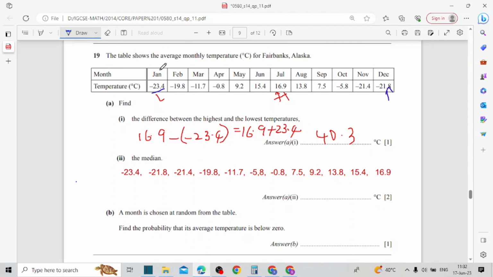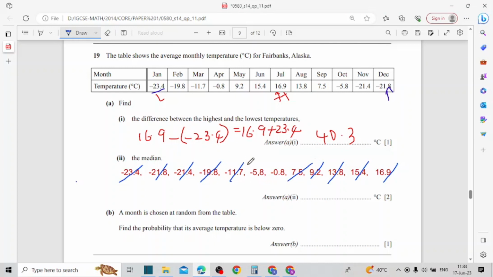And since it's 12, an even number, the median will have two values. You have to cancel on either sides as a pair. So the first one and here the last one. The second one, this one. A pair you have to keep on cancelling.